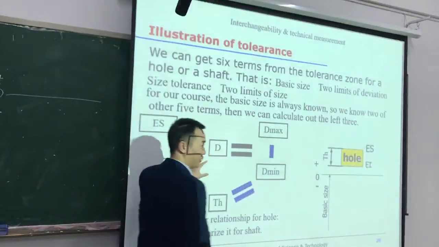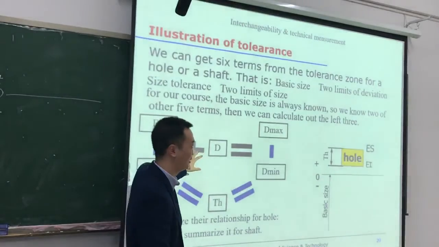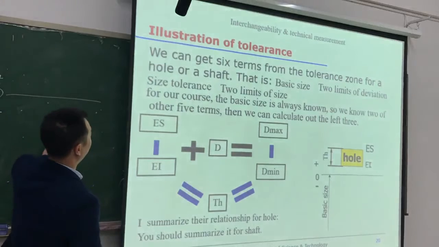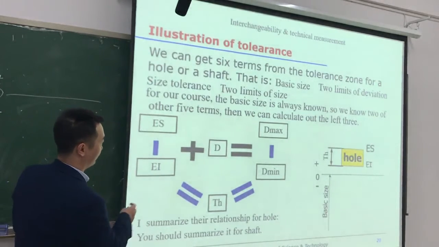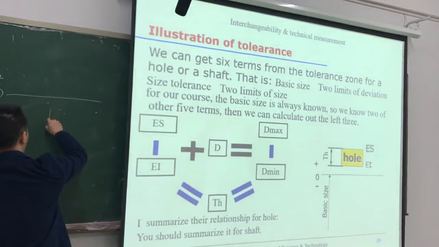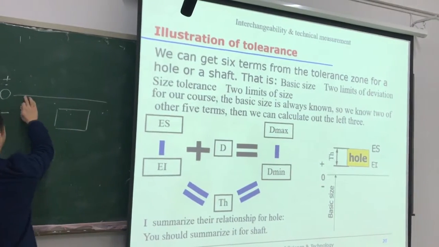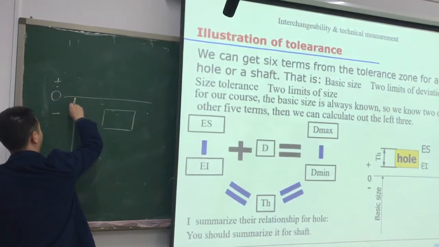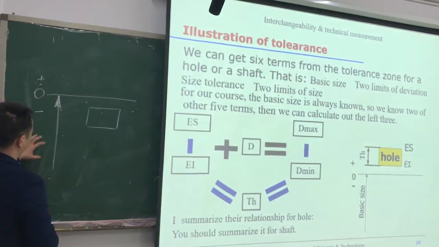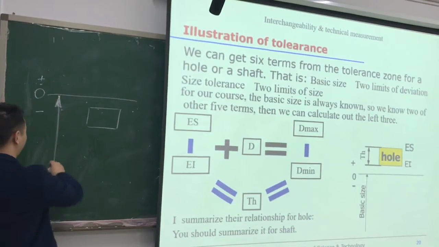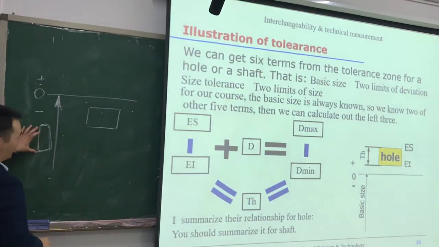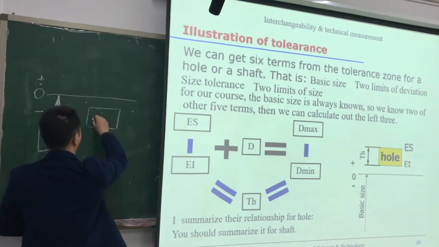You already know those concepts and how they are connected together. Okay. In fact, for the shaft, I will show the tolerance zone here. For the shaft, you can use a rectangle. First, we need to draw the 0 line, and we use a line perpendicular to the 0 line and write the basic size. The basic size is here. It's a value. Right here, it's the basic size, and here we got the zone for the shaft.